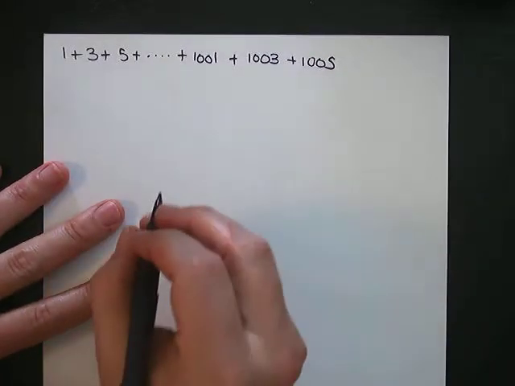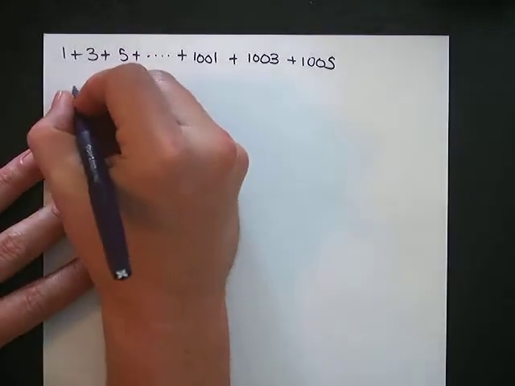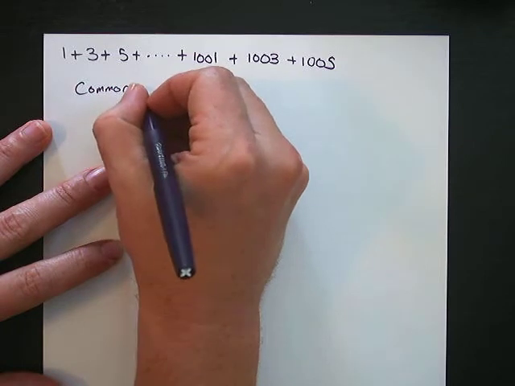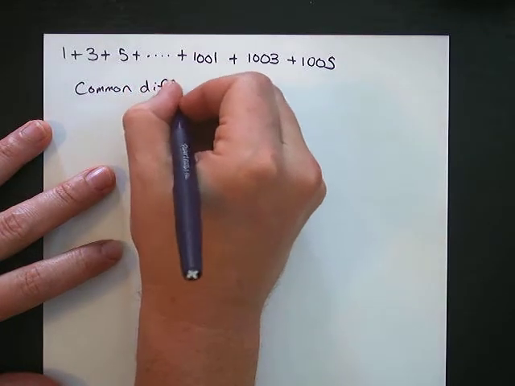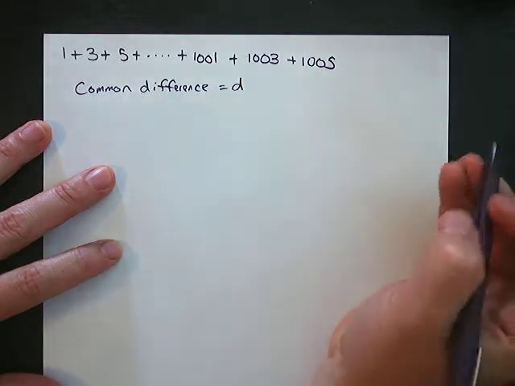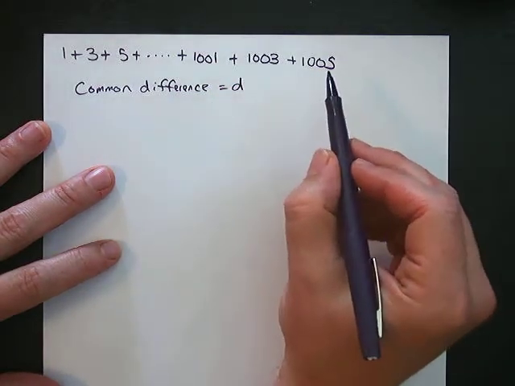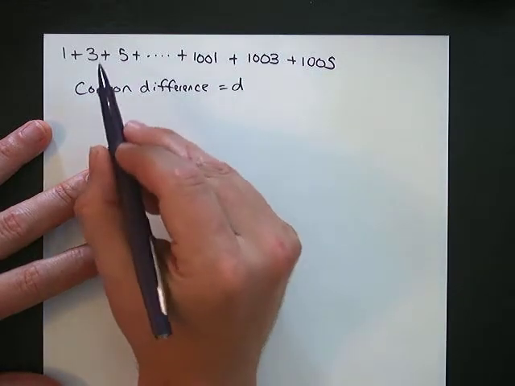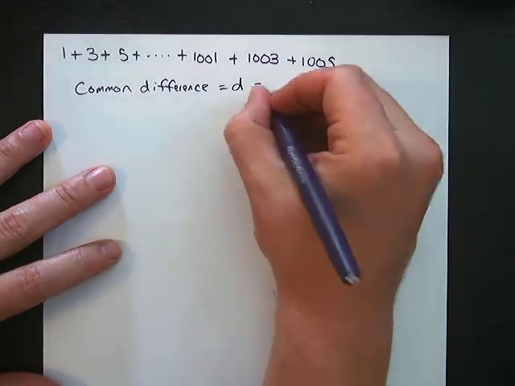The first thing we did was find the common difference, D. You just subtract two terms, like 1005 minus 1003, what is that? 2. Or 5 minus 3, what is that? 2. So the common difference there is 2.